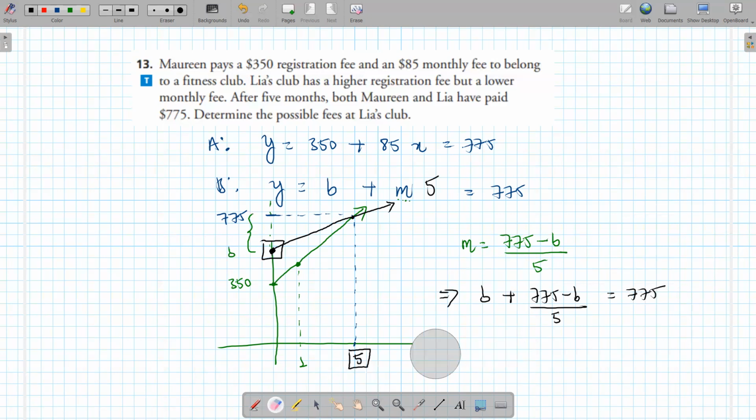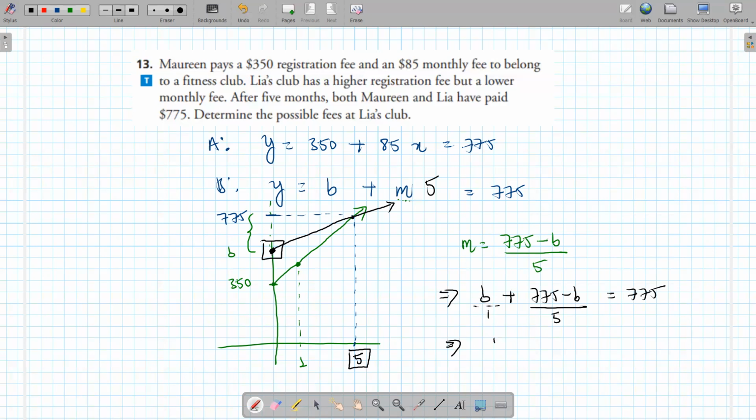So now we have a linear equation. How do we solve this for B? It's a linear equation. You're going to take the LCD. Step 1: 5, and the denominator here is 1.